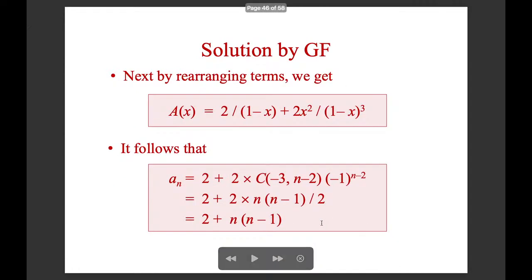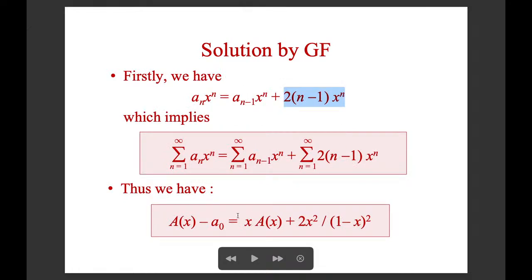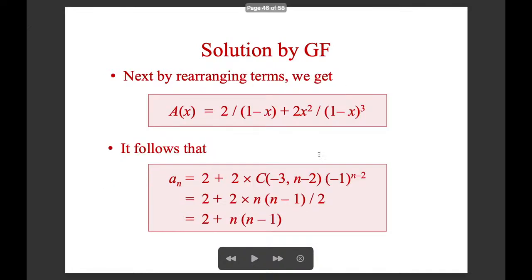By rearranging the terms, we can find that A(x) is equal to this one. I move x onto this side, so I have (1 minus x) times A(x), move everything else to the right hand side, and then divide everything by 1 minus x, and we get something like this. This is simple algebra.